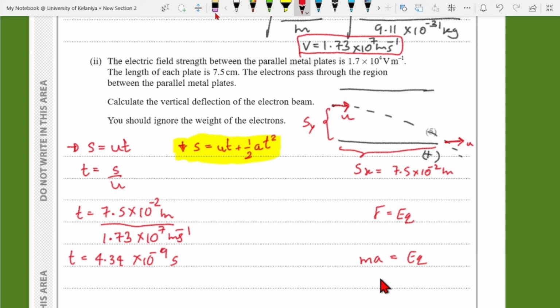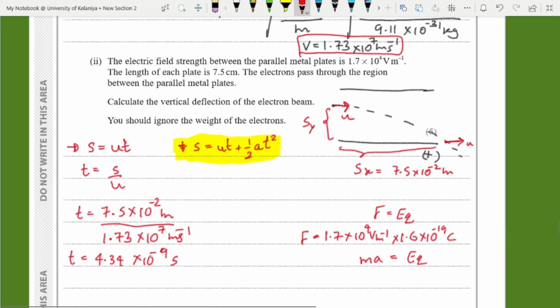Force is equal to what? The electric field, here they have given field strength 1.7 times 10 to the power 4 volts per meter, times the charge of an electron, 1.6 times 10 to the power minus 19 coulombs.